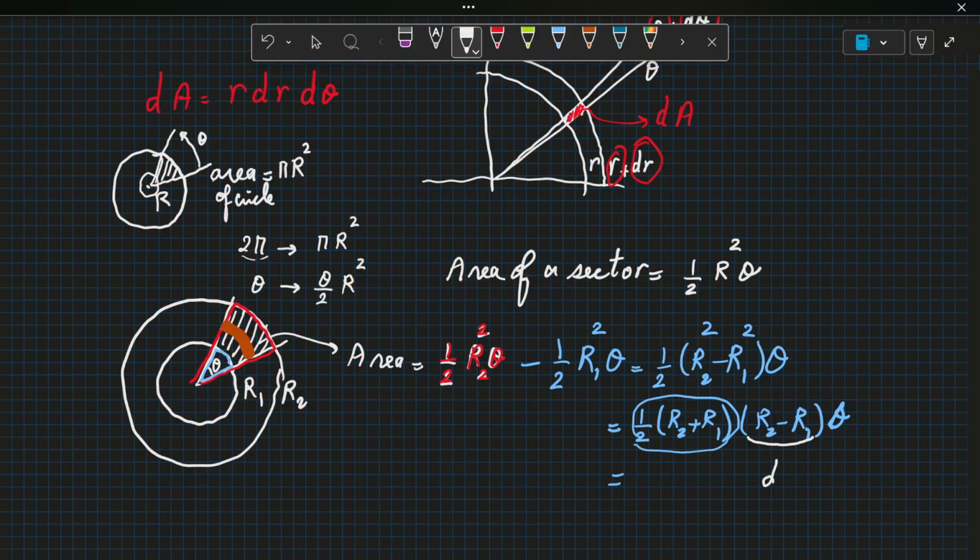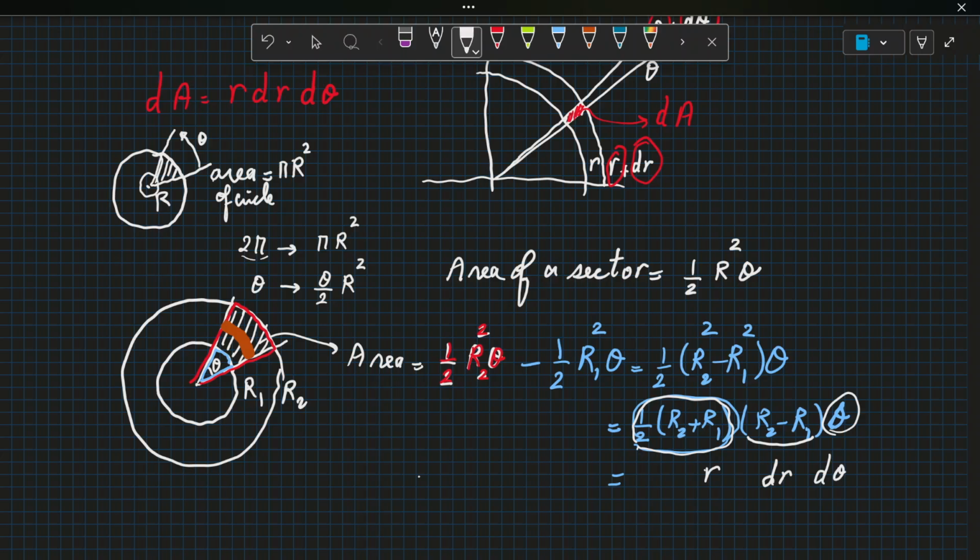So the increment in r we are going to show by dr. This is a change in r. The average of the two radii, the big radius and the small radius, is somewhere in the middle of the two, and that we can write as r. If the angle that we are dealing with is a small angle, we better write it as d theta.